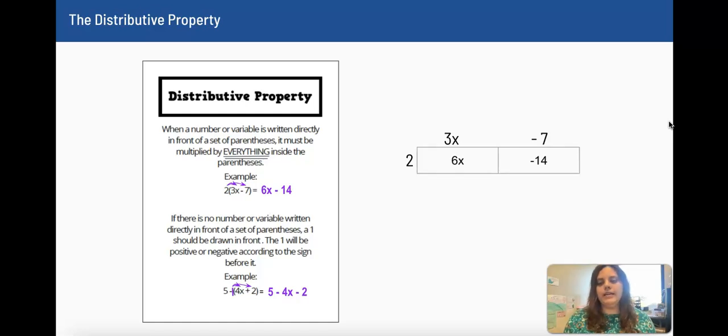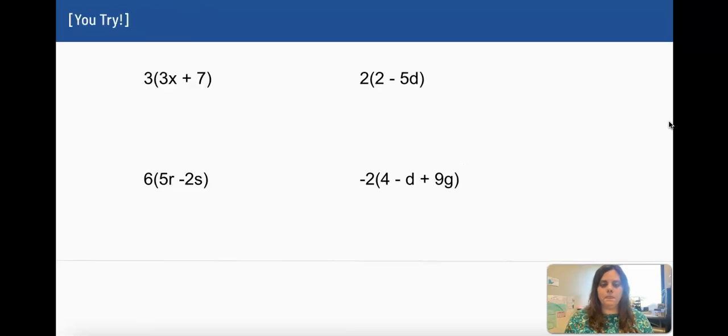We can see then how 2 times 3x is 6x, and 2 times negative 7 is negative 14, giving us the 6x minus 14. Again, we can do that with the 4x plus 2 and the negative 1 that we are distributing in. Negative 1 times 4x is negative 4x, and negative 1 times 2 is negative 2. We found the areas of those things. The total area is those things together.